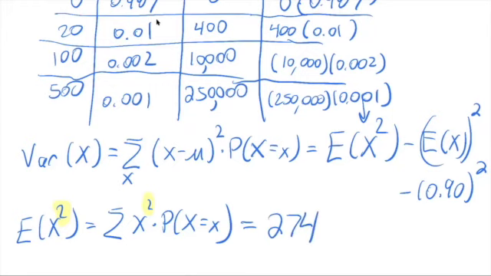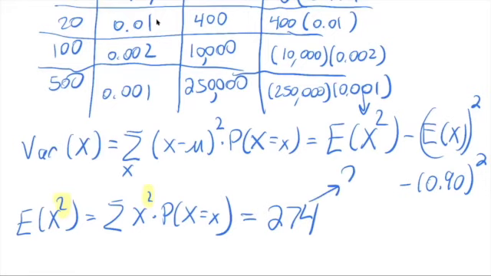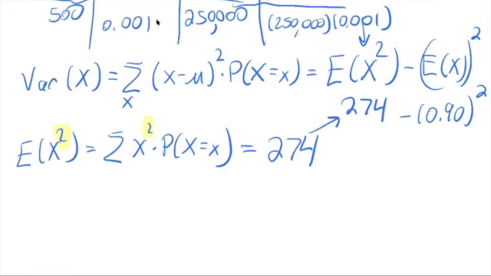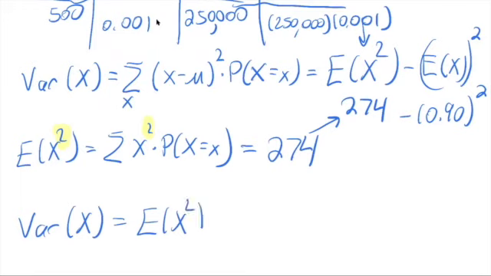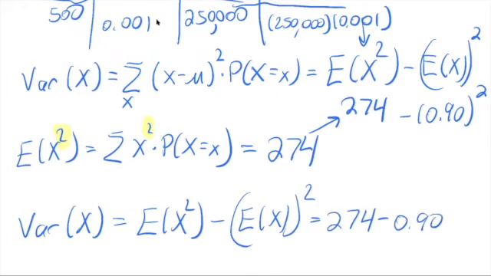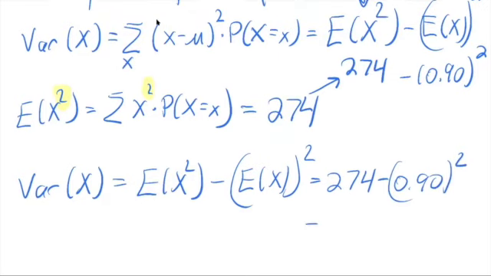So that's telling me the expected value of the square of the winnings, which is not all that helpful here, but it is a piece that I would need to calculate the variance. So altogether, the variance would therefore come out to $273.19.